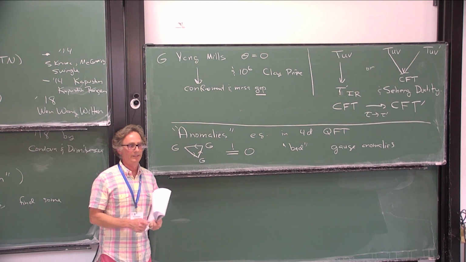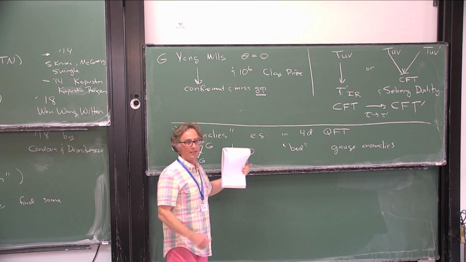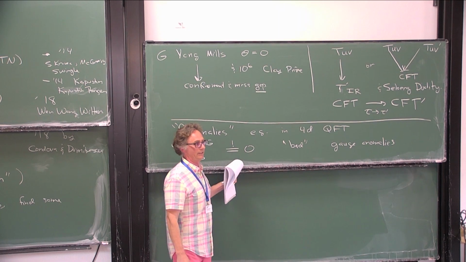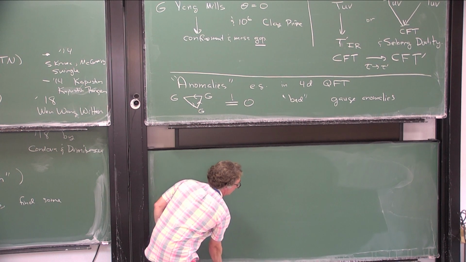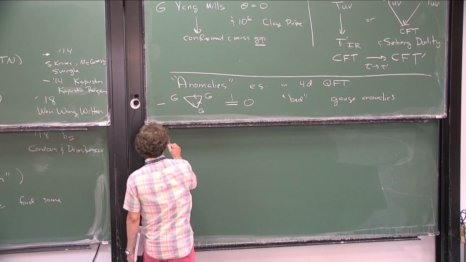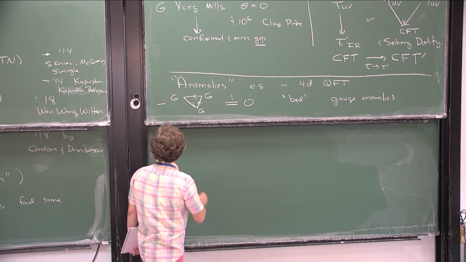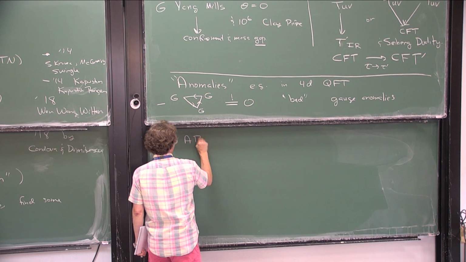I mean, we don't think that we live in 5 dimensions, and the fact that these anomalies are all 0 for the standard model tells us we don't have to think that we're secretly living in 5 dimensions. We might be, but it's not forced by anomalies. So this is one kind of anomaly. The first kind of anomaly that was discussed are what are called the ABJ anomalies.